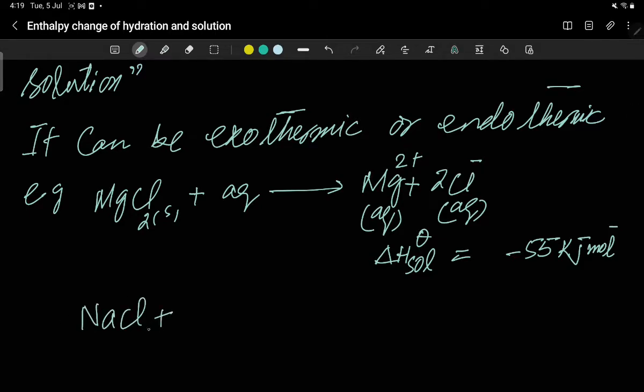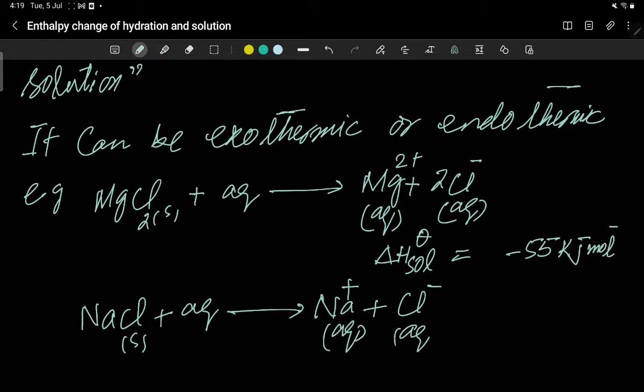So there is another example, sodium chloride in solid state when dissolved in water to form sodium ion and chloride ion. And delta H solution for this reaction is equal to plus 3.9 kilojoule mole inverse 1.